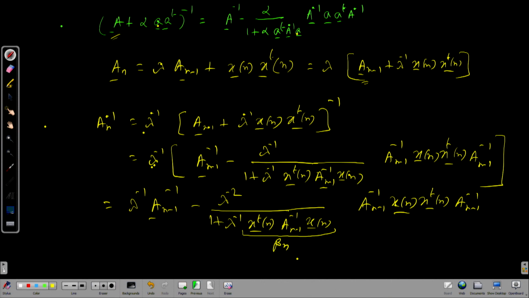Then, for some algebraic convenience, if I consider this A n inverse multiplying x n, then what happens?